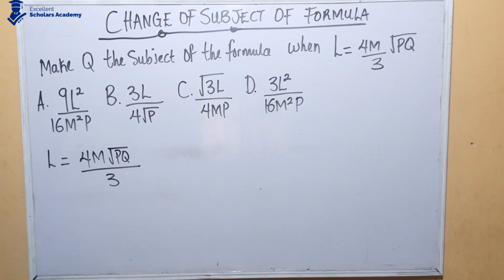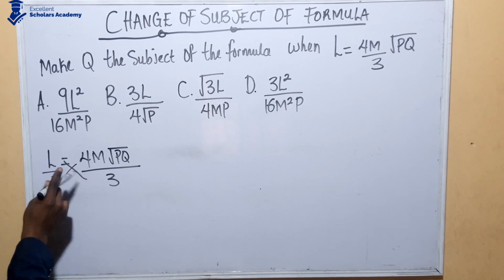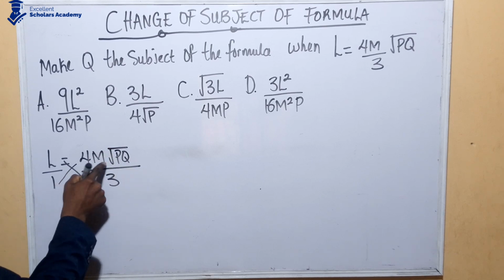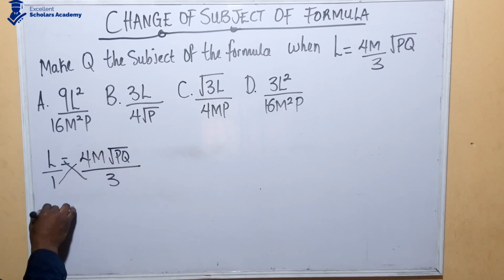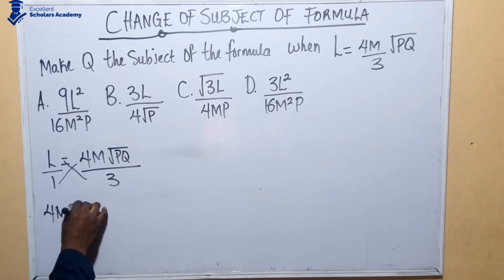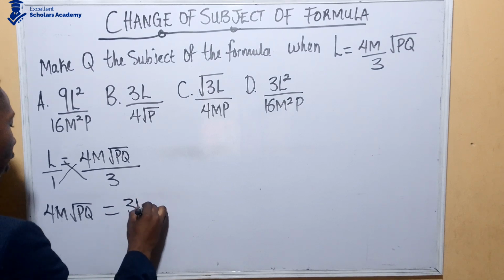Now, you can just put L over 1. Then the next thing is to cross multiply. 4m square root of PQ times 1 gives us 4m square root of PQ is equal to L times 3 gives us 3L.